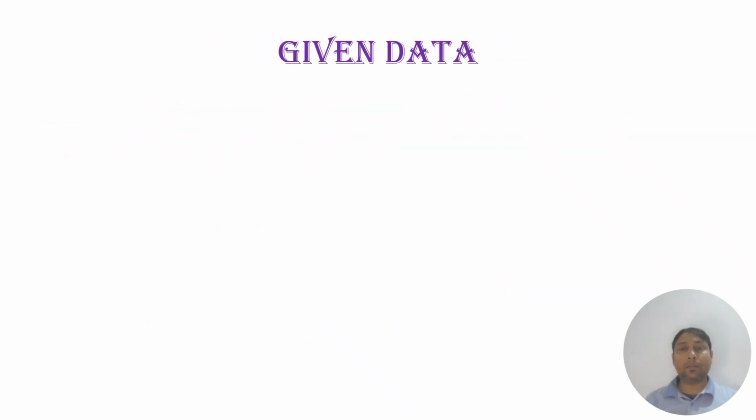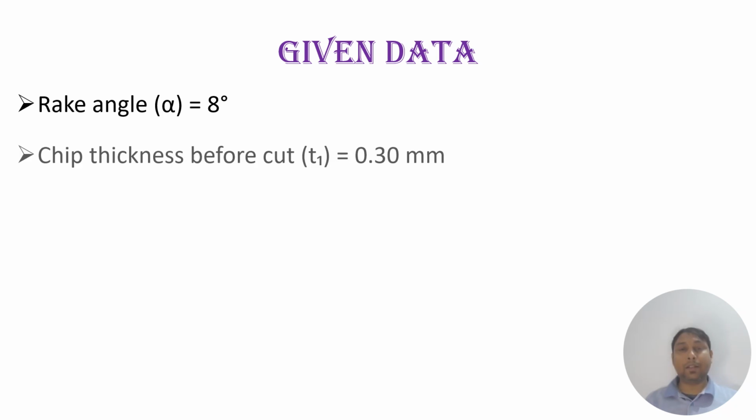In every numerical solving approach in any subject, first you have to write down the given data, which will help you start solving the numericals. In this problem, the given data is rake angle, that is 8 degrees, and chip thickness before cut, denoted by T1.